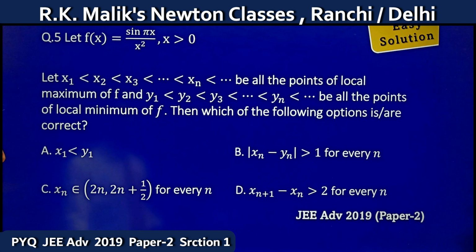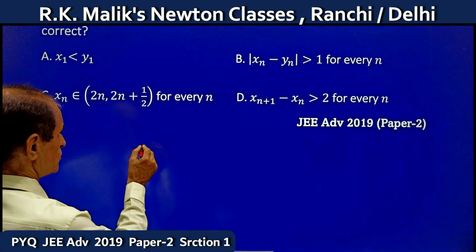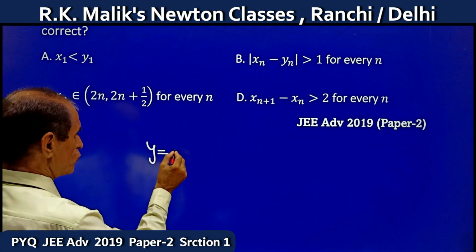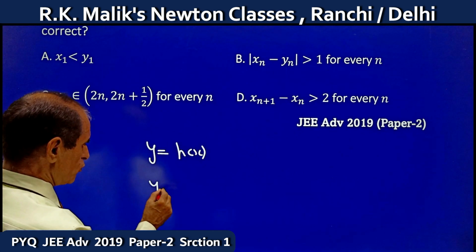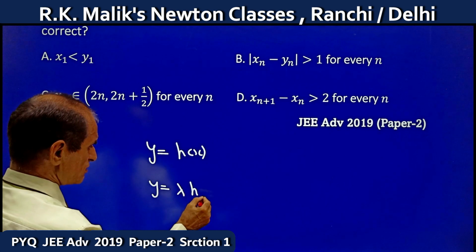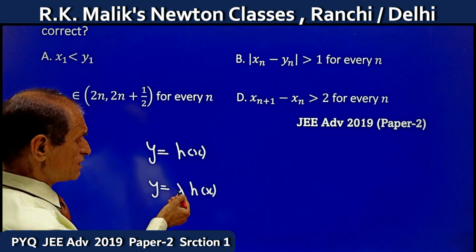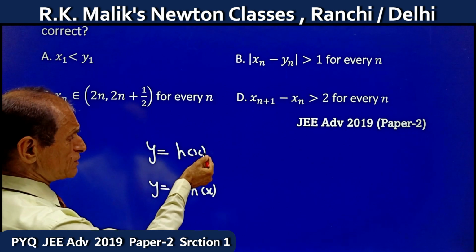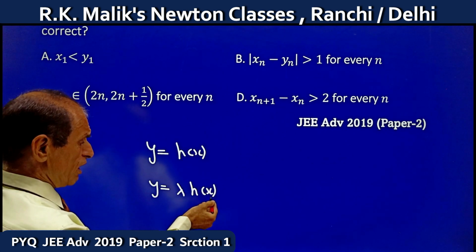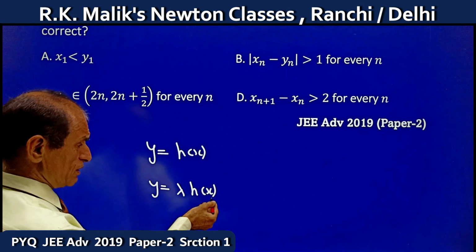And one more point to be noted is, suppose you are dealing with the function y equal to h(x), then for the function y equal to lambda h(x), where lambda is some positive constant, wherever h has local maxima, this function will also have local maxima at that point.